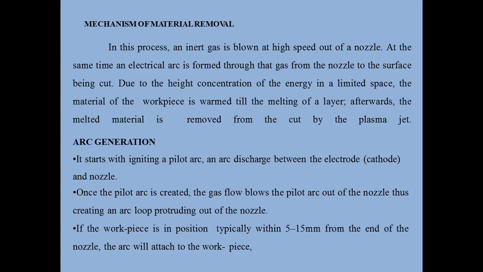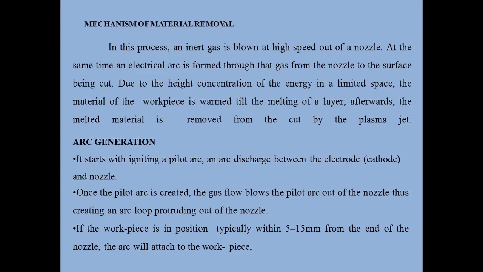And this you already know, arc generation, how it generates. Initially, it ignites a pilot arc between the nozzle and the electrode, and this arc is further transferred onto the workpiece by looping of this arc.